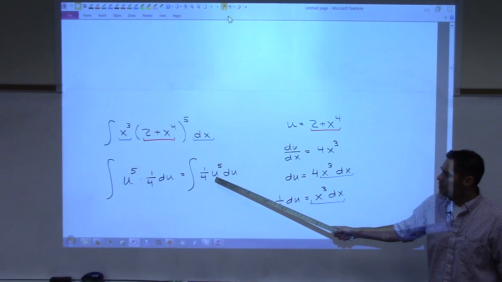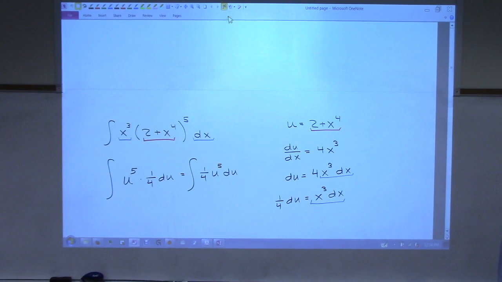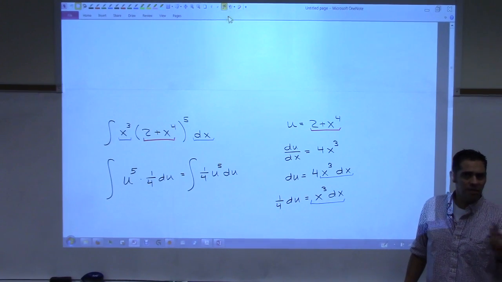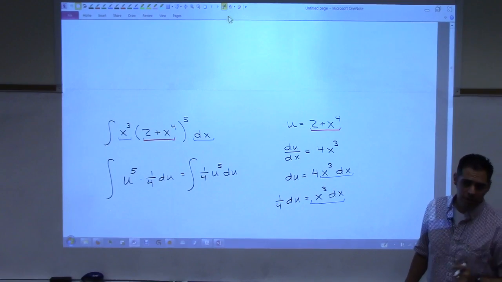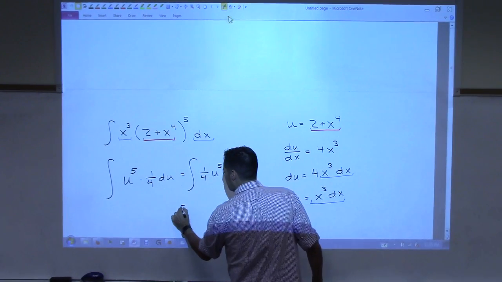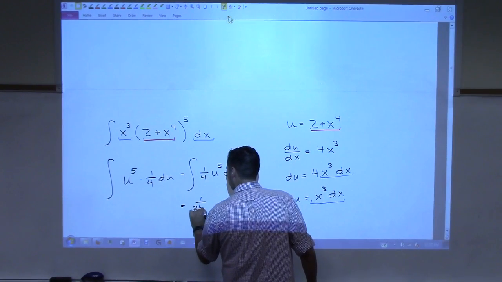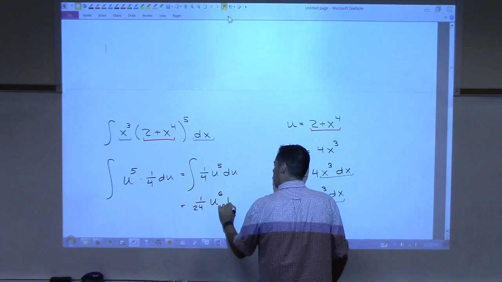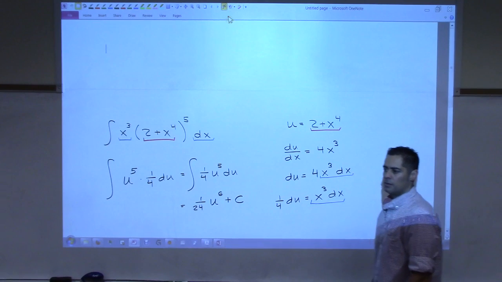What's the antiderivative of u to the 5th? 1/6 u to the 6th, right? And then the 1/4 is still out there. So 1/4 times 1/6 is 1/24. So this is 1/24 u to what power? U to the 6th plus some constant.